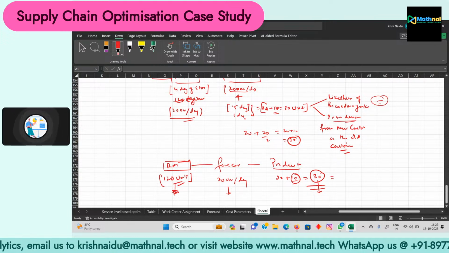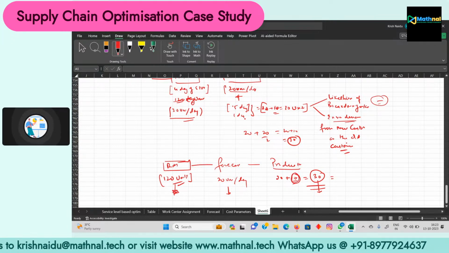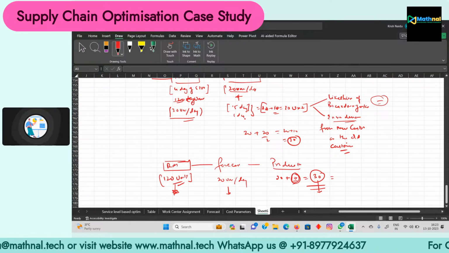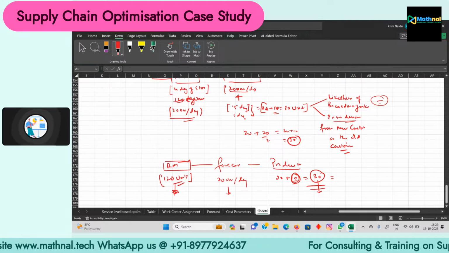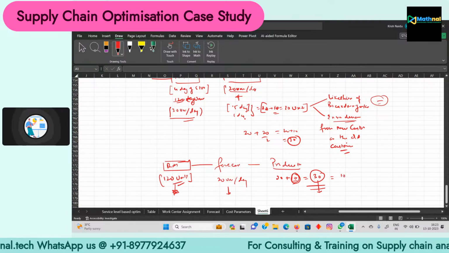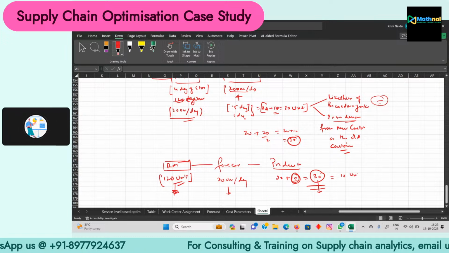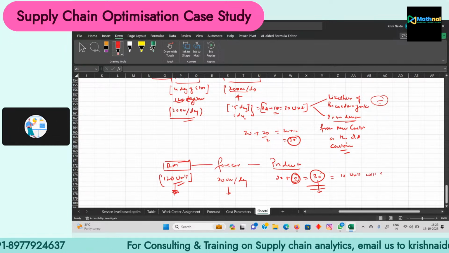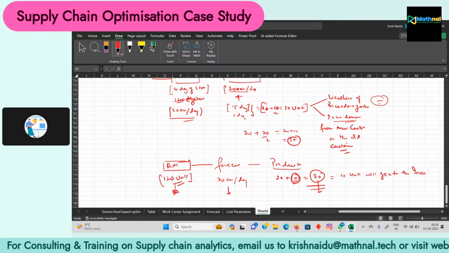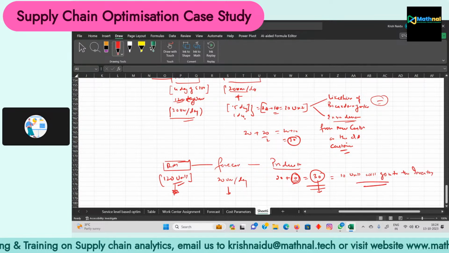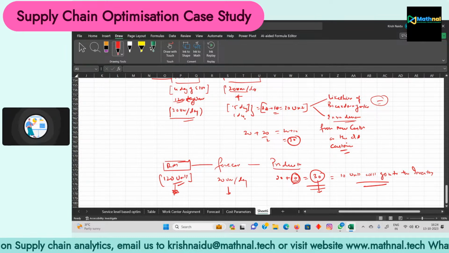So here, if these 10 units are not being consumed, if there is no breakdown and no extra demand from the customer, these 10 units will go into the inventory, right? So this is a scenario which we are taking into account.